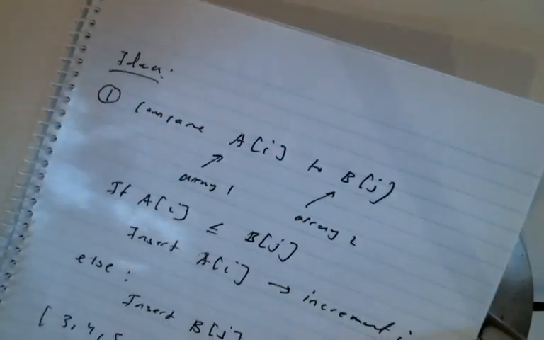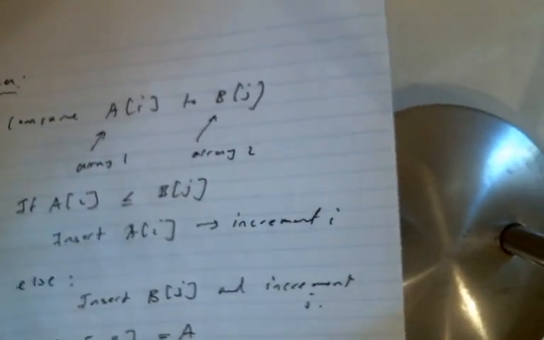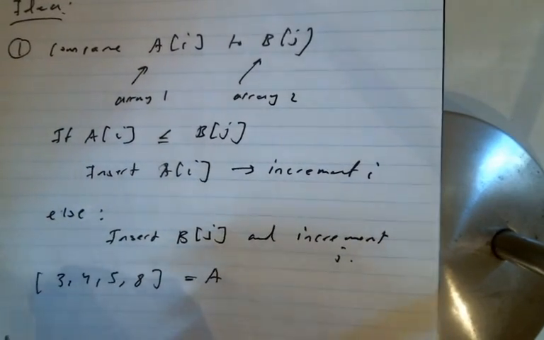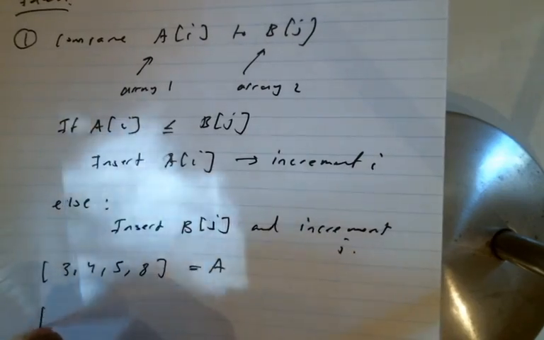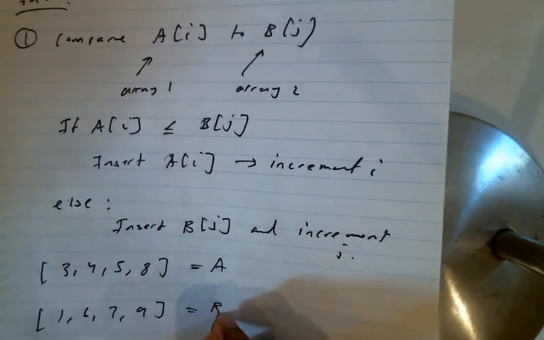Sorry, my paper has gone a bit wonky. There we go, that's better. We have 3, 4, 5, 8, and that is array A. And we have 1, 6, 7, 9, which is our array B.